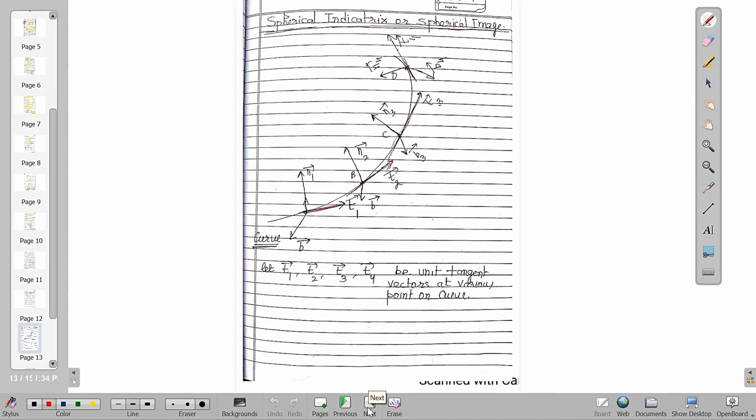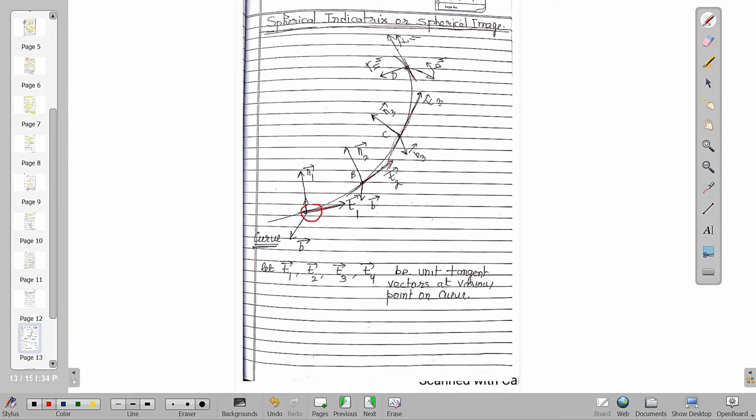So what is spherical indicatrix and spherical image? Just remember, just know that. Now suppose this is some curve, and these are points on the curve.